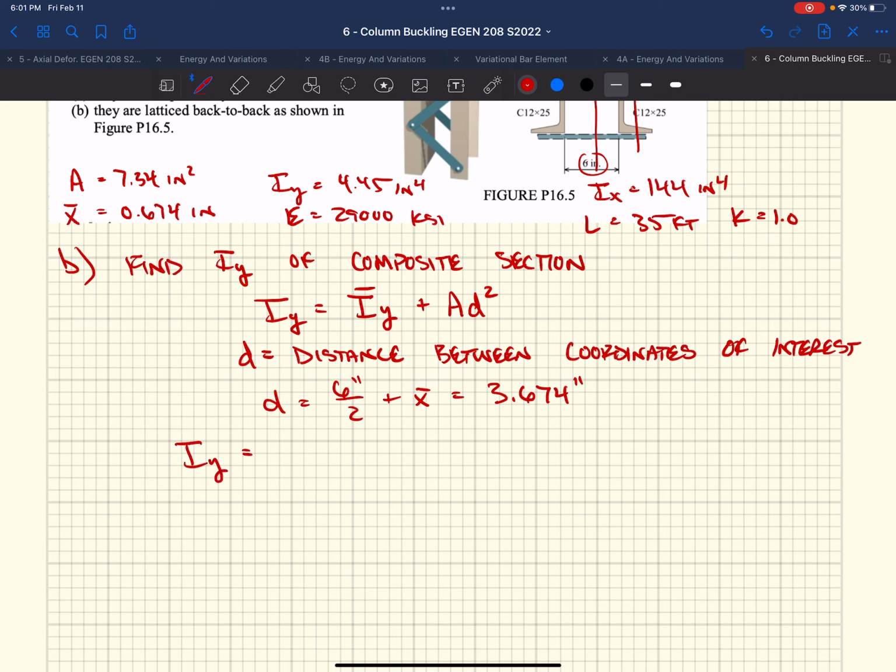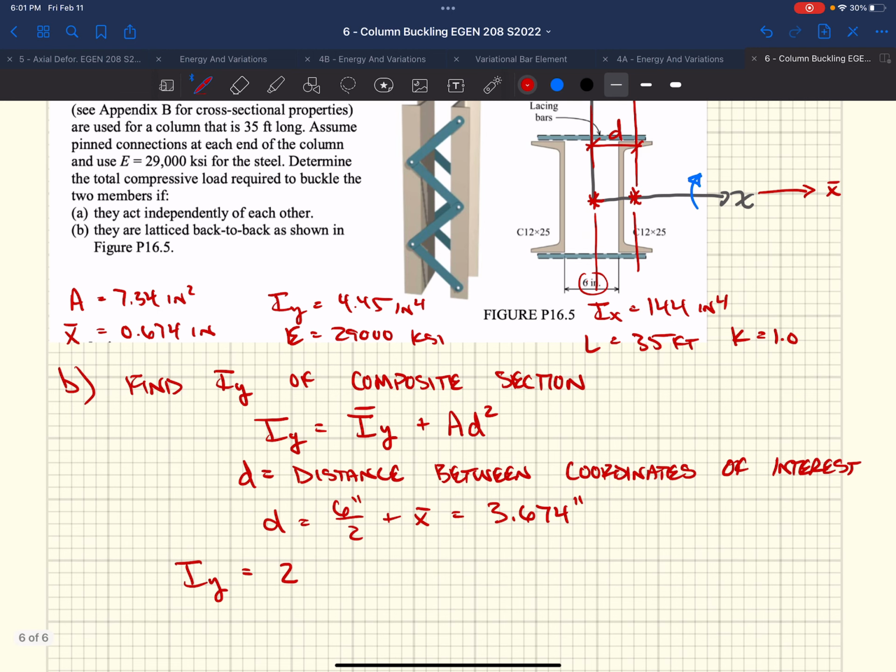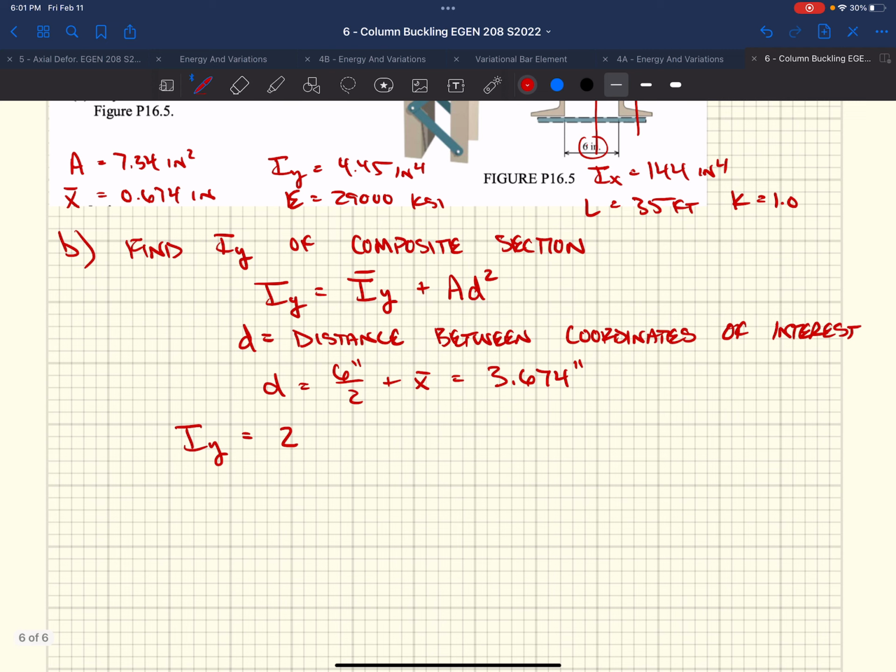I sub y, well, now we get 2 times, right? We're doing this twice. We have 2 channels. We're going to move this one to the right, and we're going to move that one to the left. We're going to move it the same distance, so we can just multiply our parallel axis term by 2.